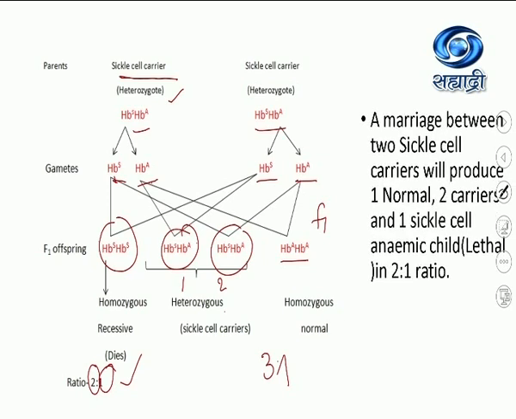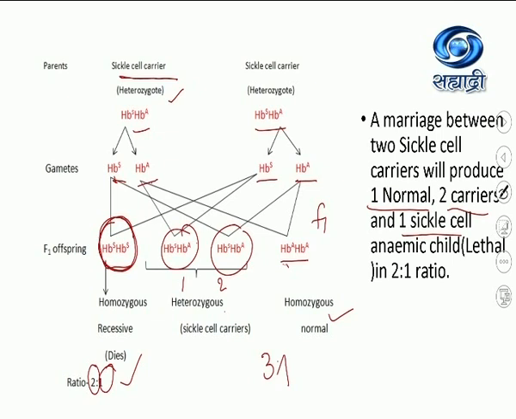A marriage between two sickle cell carriers will produce one normal, having homozygous dominant HbA HbA. Two are carriers, which are heterozygous HbS HbA, and one will have sickle cell anemia, the lethal gene, and this child, having homozygous recessive HbS HbS, will die.